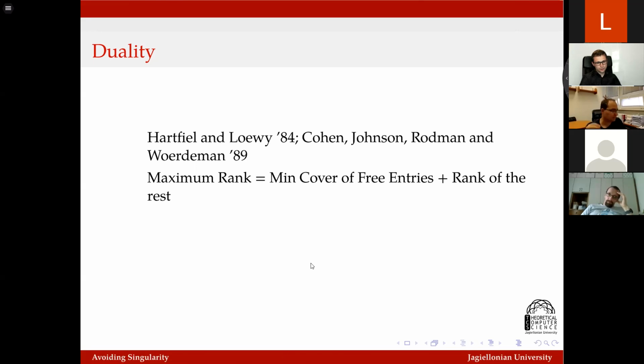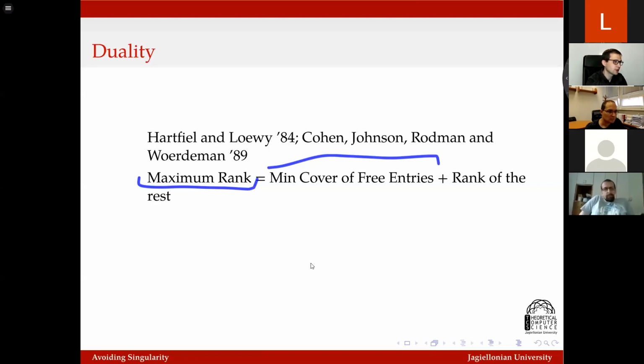So the first thing that we need to do is some duality. Basically, the duality is that if you want to get maximum rank, then you can find a cover of three entries, meaning you can take a set of rows and columns so that they cover all the three entries.